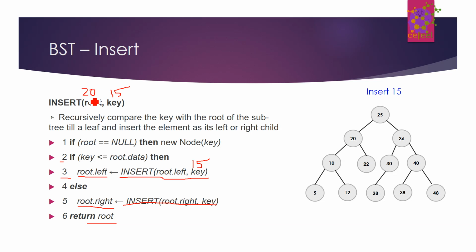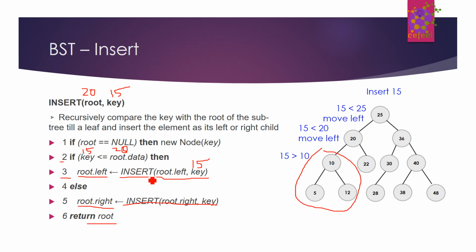Once 20 is passed, root equals null will fail and 20 will be compared, so 15 and 20 will be compared, which will give us true because 15 is less than 20, which means it needs to be inserted on the left subtree of 20. So this is how it happens. 15 is less than 25, we move left. 15 is less than 20, we move left.